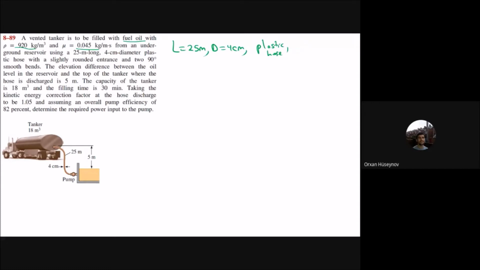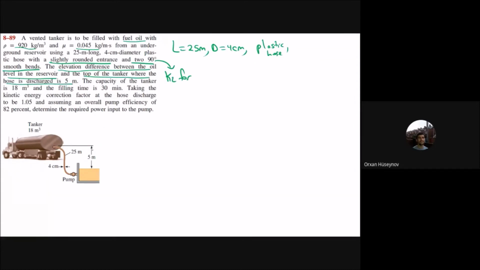So the slightly rounded entrance and 90-degree smooth bends mean that you have to use the KL. You should look for the KL for the slightly rounded entrance, and for the KL for the 90-degree smooth bends. And the elevation difference between the oil level in the reservoir and the top of the tanker where the hose is discharged is 5 meters.